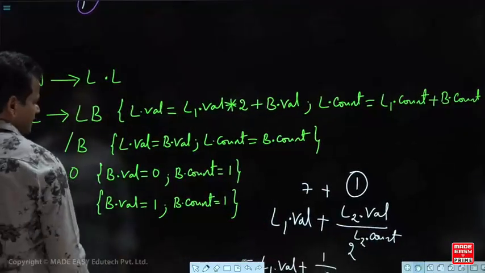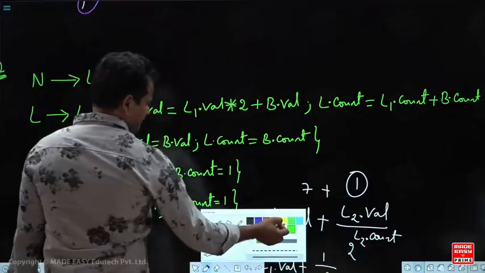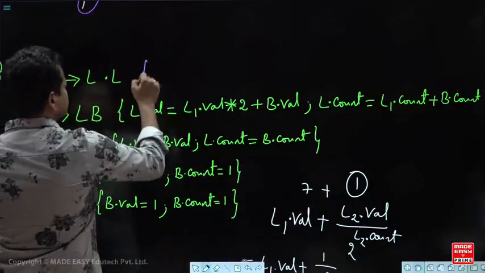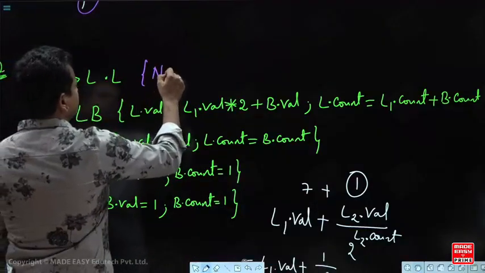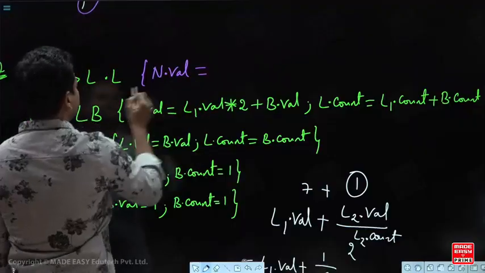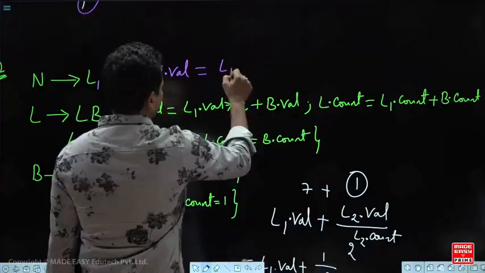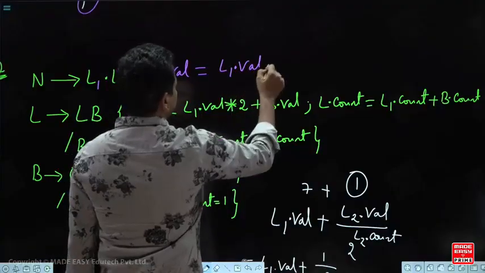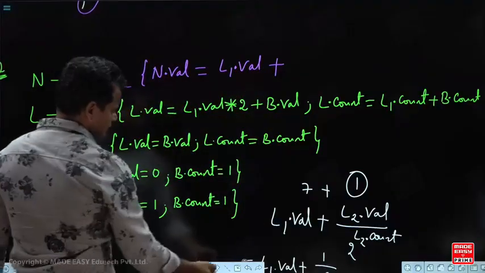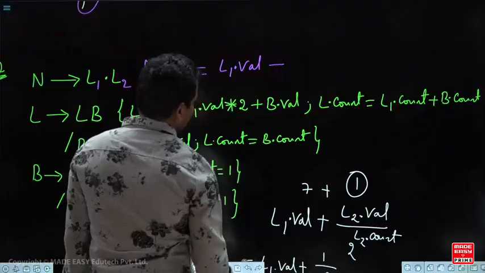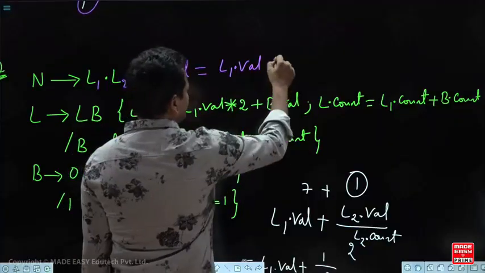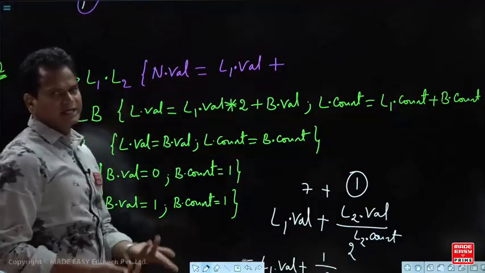Now here is the final n value. I am taking this as 1 and this as 2. N dot value equals L1 dot value plus L2 dot value divided by 2 to the power of L2 dot count. Actually we count the L1 count also, but L1 count we don't require.